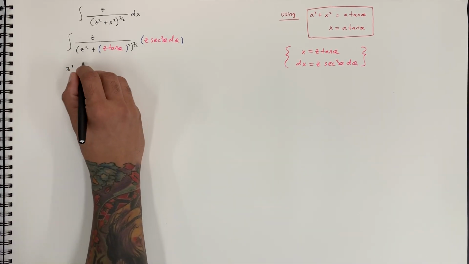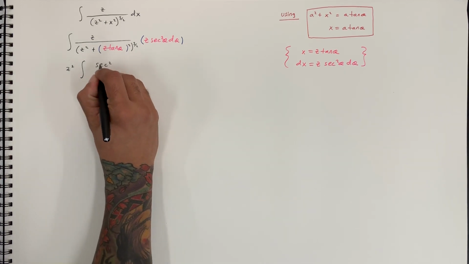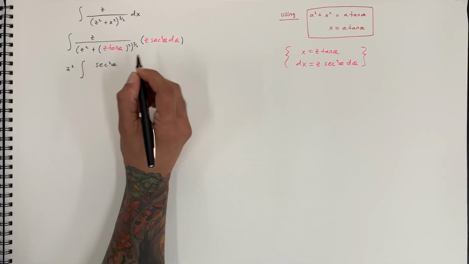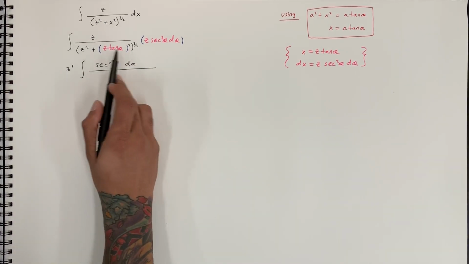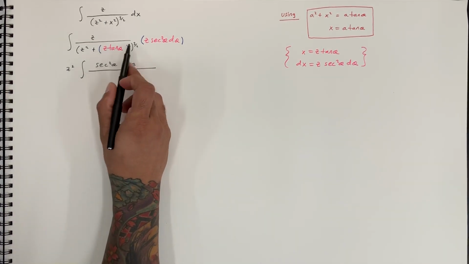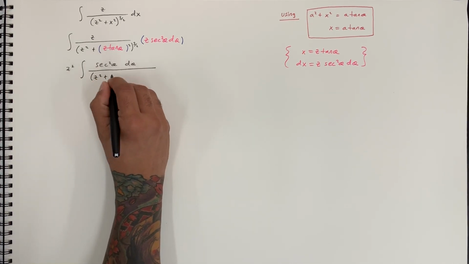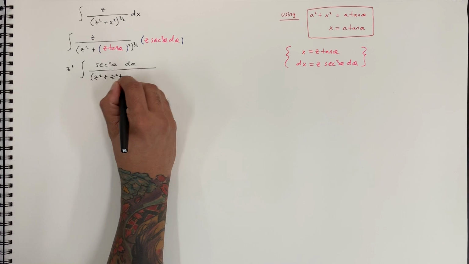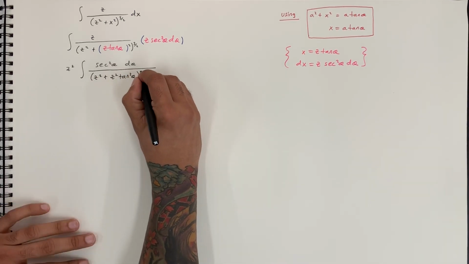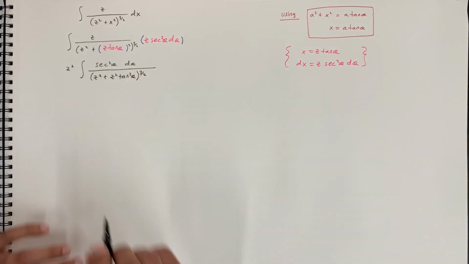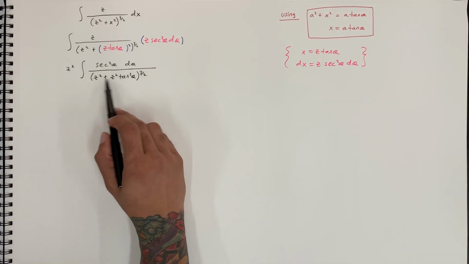Then we're going to have the integral of secant squared theta d theta on top, and on the bottom, let's combine this here. So we have z squared plus z squared tangent squared theta, and everything is raised to the 3/2. So let's simplify this bottom part here.